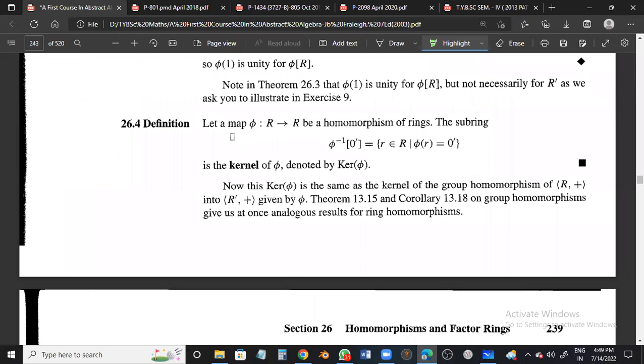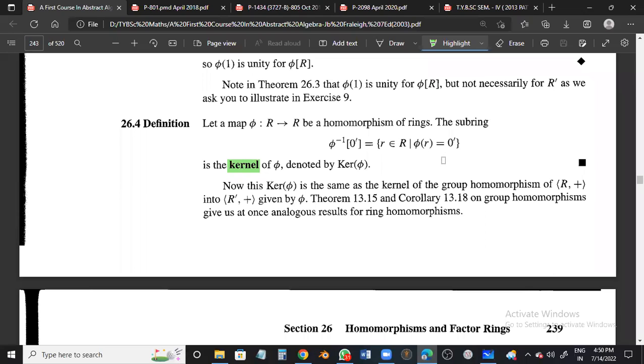Now we will handle our most important definition, that of kernel. Definition of kernel. So what is kernel? Kernel is the set of all elements in your domain whose image is zero, whose image is the additive identity.